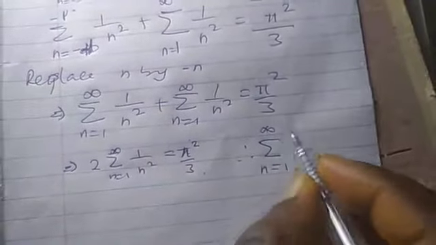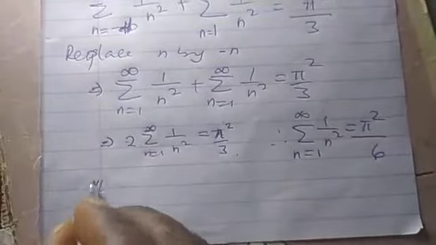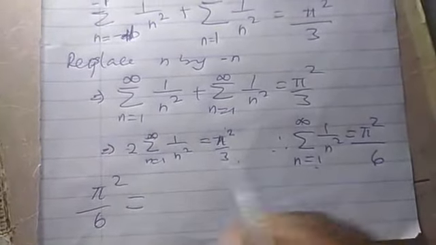If we add these two together, therefore, the summation from n equals 1 to infinity of 1 over n squared will be equal to pi squared over 6.